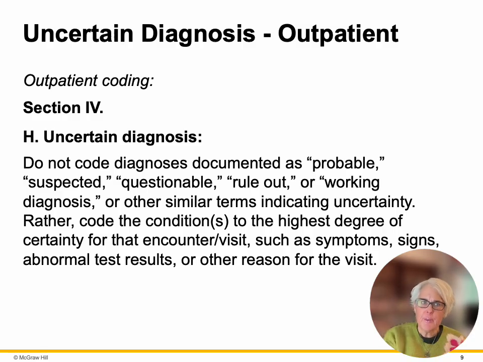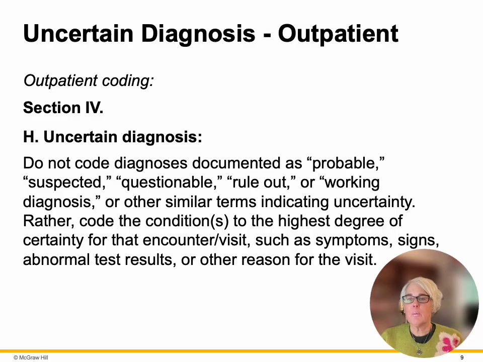So for the outpatient setting, the clinics, ED visits not resulting in admission, and other outpatient encounters, we do not code those conditions as probable, suspected, questionable, rule out, working diagnosis, etc. And as I mentioned on the previous slide, we want to capture the highest level of specificity and certainty documented in that visit. Sometimes that just means coding those signs and symptoms, any abnormal test findings, or the reason for the visit.